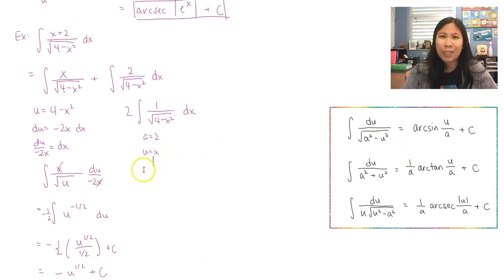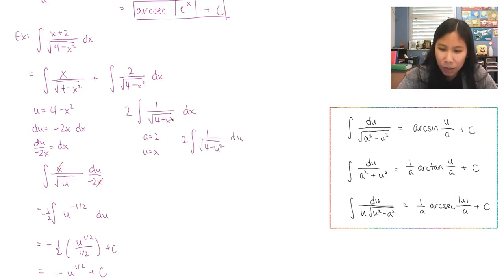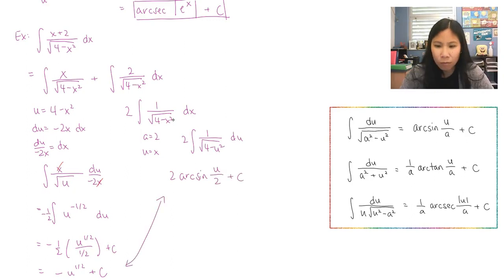Or if you want to think about it as du is really equal to 1 dx. So du and dx are the same. So this would just end up being 2 times the integral of 1 over the square root of 4 minus u squared du. So this will end up being 2 times arcsine of u over 2 plus c.